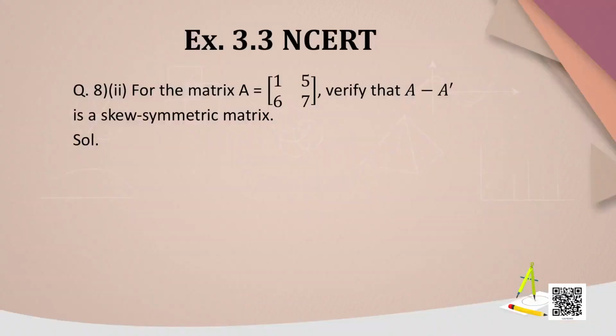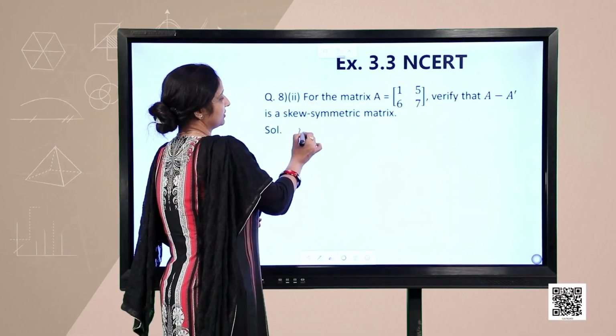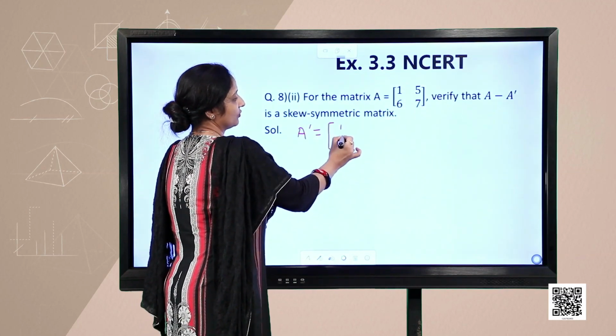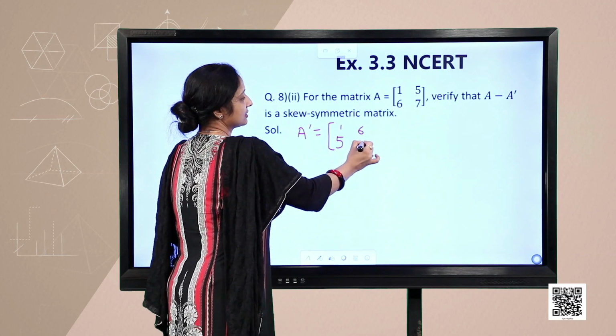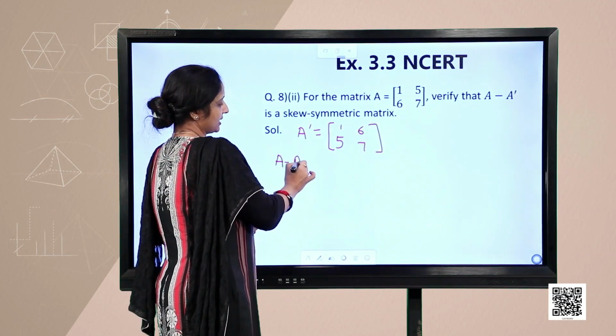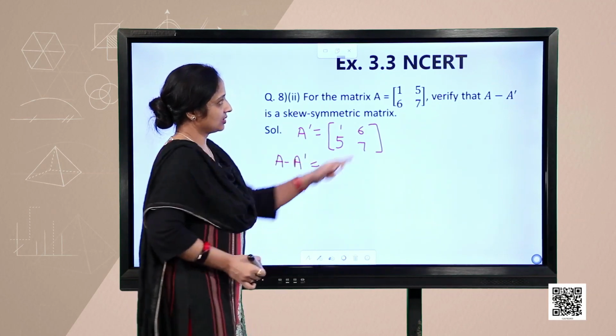Let us do the next question. For this matrix A, verify that A minus A transpose is a skew symmetric matrix. Take the transpose of matrix A, 1, 5, 6, 7. Then calculate A minus A transpose.